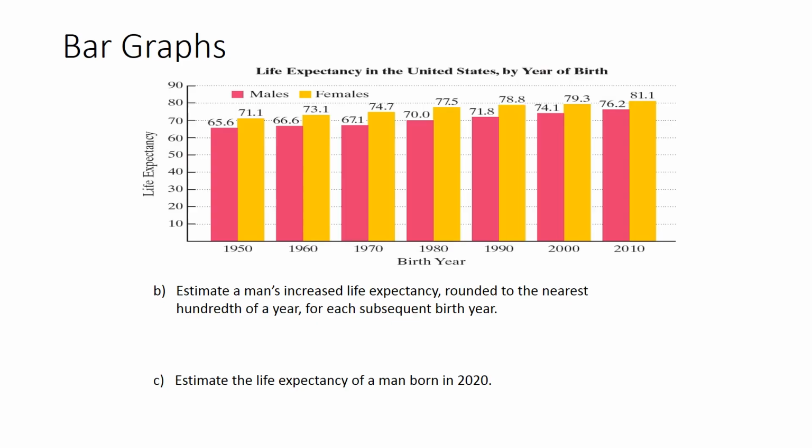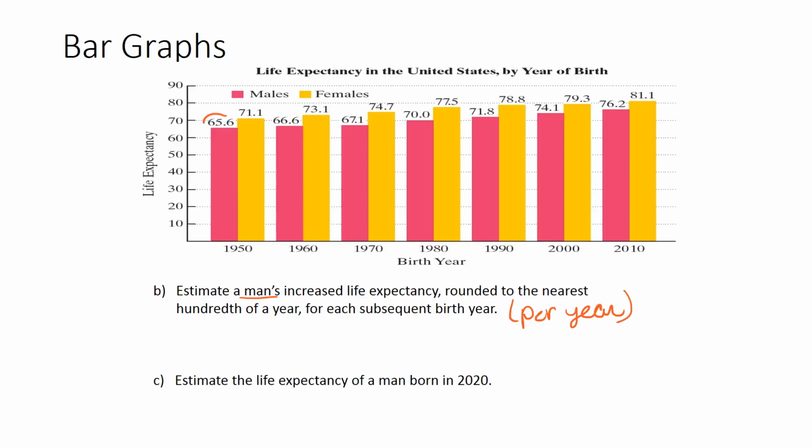So man's, which is the red, we want to know the difference per year. And if you even look at the bar chart, it's every 10 years. So you wouldn't just subtract like 1960 to 1950. You would then have to divide that by 10.